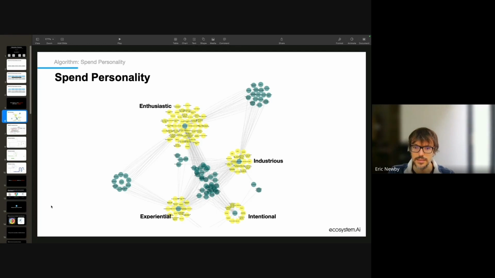So we split those into enthusiastic, industrious, intentional, and experiential, and then there are two meta categories of introvert and extrovert, and you receive a spectrum measure across each of those categories that can then be used to inform how the bank engages with you.